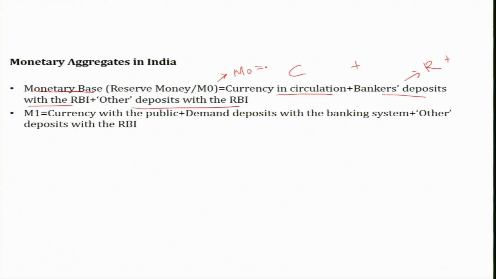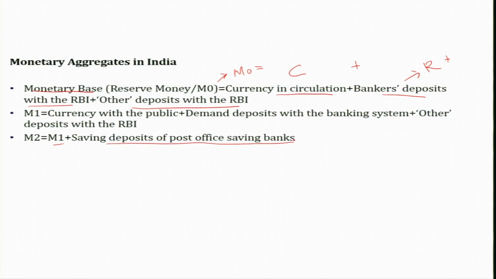Then coming to M1, M1 means currency with the public, that is C, plus demand deposits with the banking system plus other deposits with the RBI. By now I am sure you are familiar with all these concepts based on our discussion in the previous sessions. Then coming to M2, the M2 money definition is M1 plus savings deposits of post office savings banks.